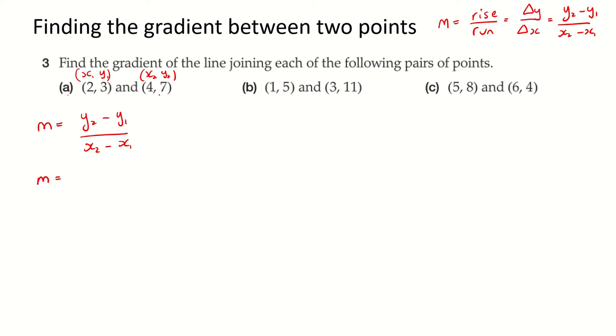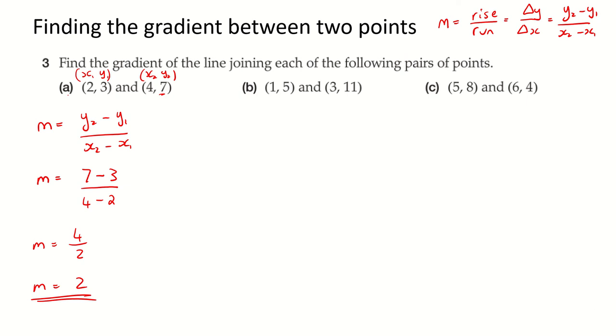So y2 is 7, take y1, which is 3, divided by x2, which is 4, minus x1, which is 2. Then we simplify this. 7 take 3 is 4, 4 take 2 is 2, and then we write our answer. So the gradient of a line joining these 2 points would be 2.